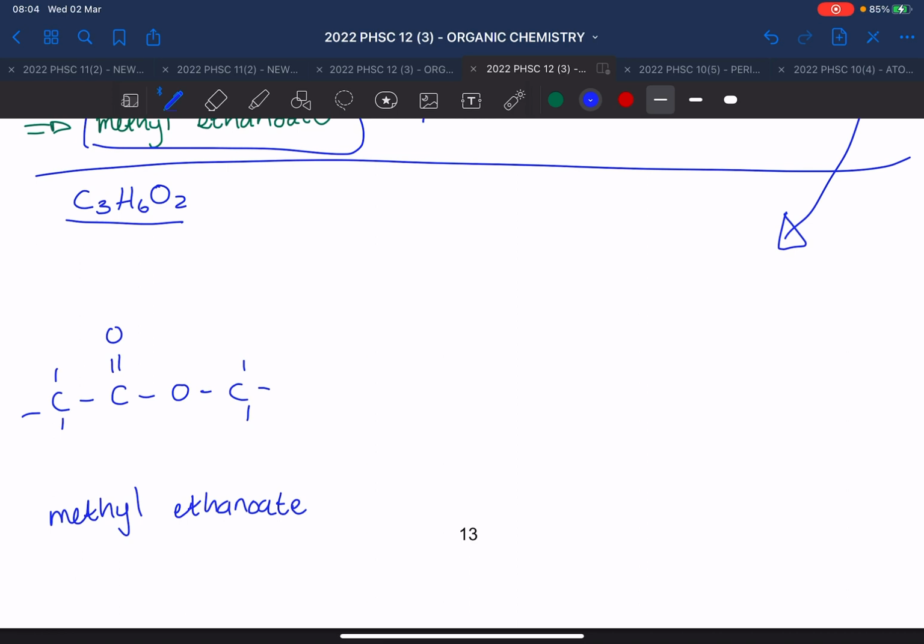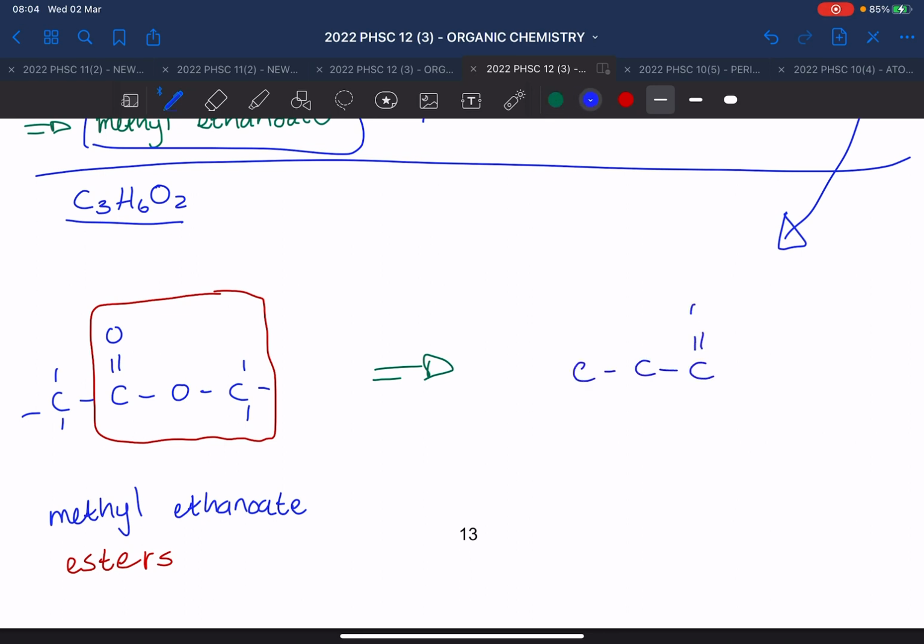All right, and that one belongs to the esters, so the functional group is the esters. But you can take it all apart, break up all the carbons, hydrogens and oxygens, and then you can draw this structure.